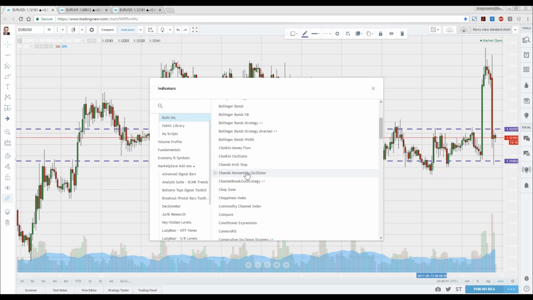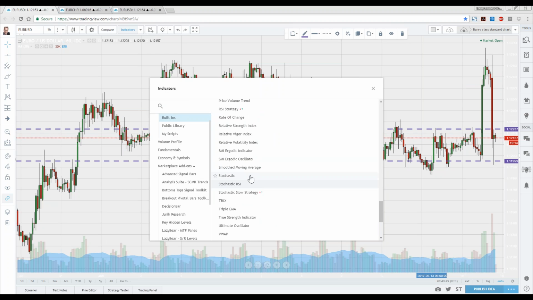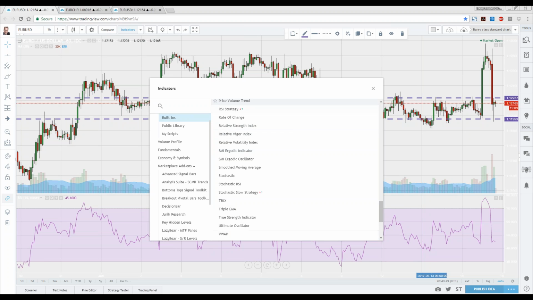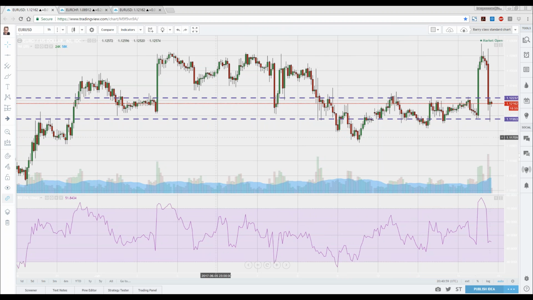So if we want to put on here, say, RSI or stochastics, all we do is scroll down here, we come to Relative Strength Index, and it's a bounded oscillator that tells us something, but it falls below your chart and works in relationship to the price on the charts.